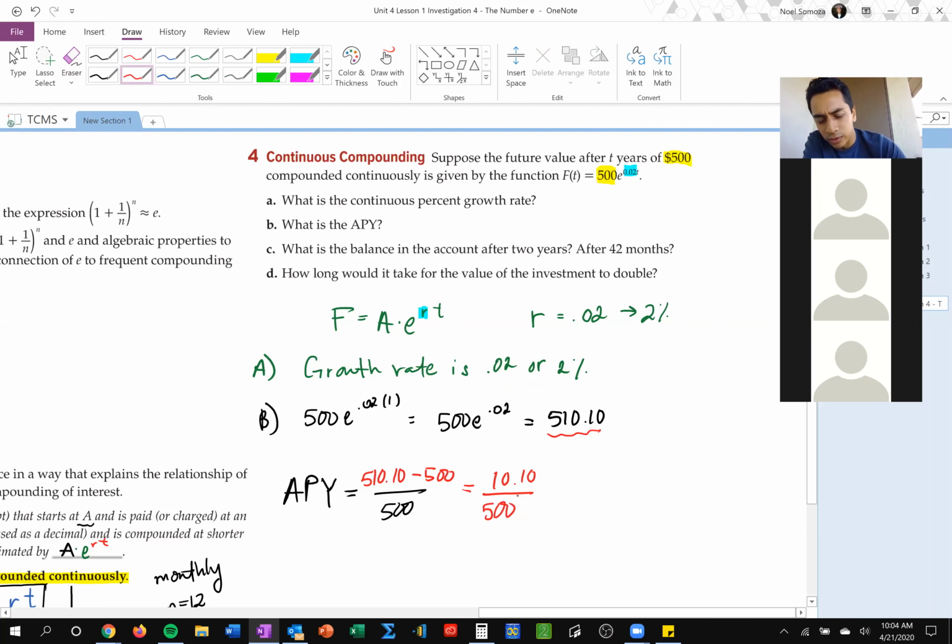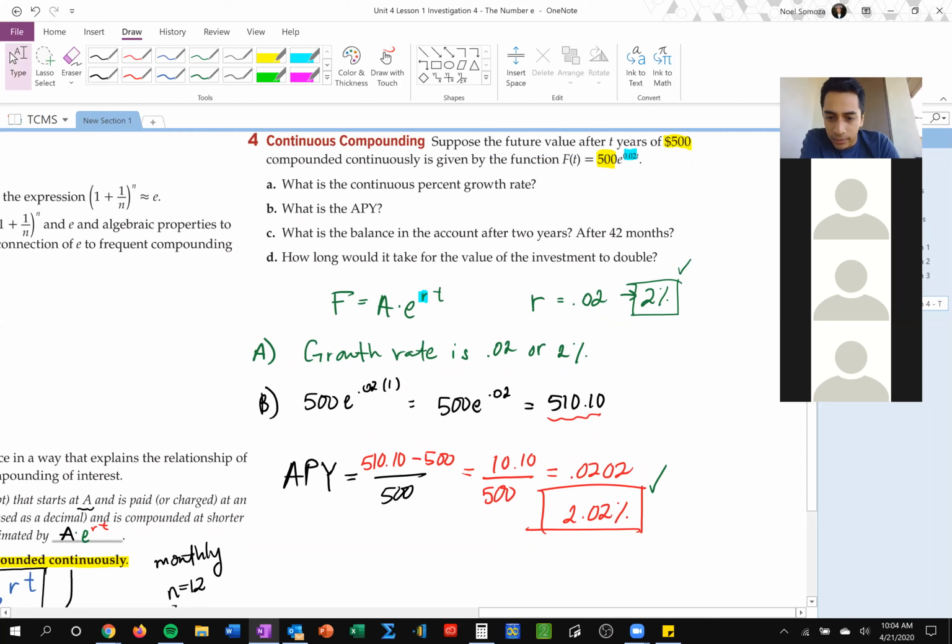Because you started with 500, this is what represents your yield, what you truly earned by the end of the year, which ended up being 0.0202. If you convert that to a percentage, you're looking at 2.02%, a little bit larger than what the interest rate said you were going to get. That's typically what happens. An annual yield is usually larger than the APR, because this is the true value of what you earned. The APR was more like a prediction.